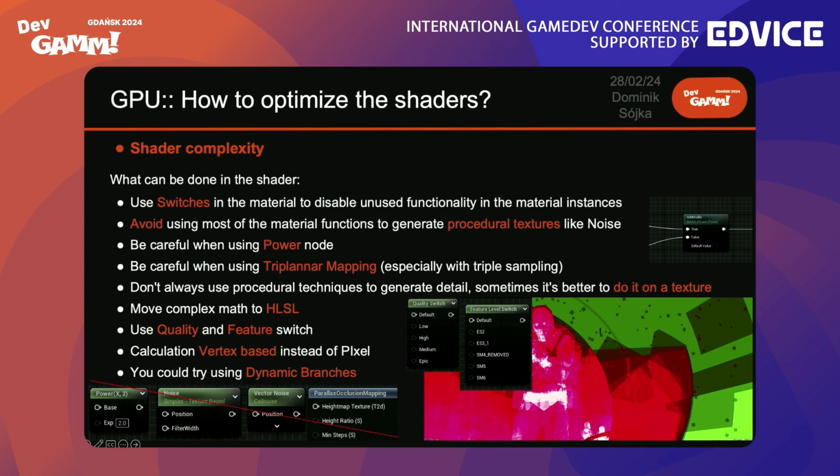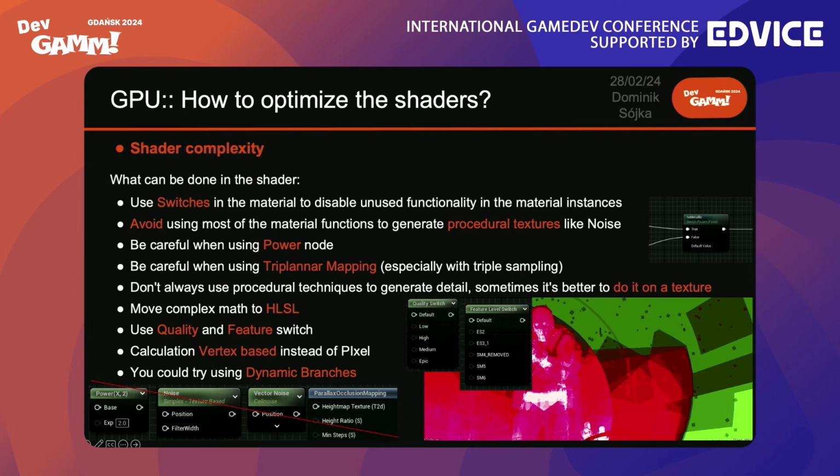My tip is that a power node could be very expensive when you are putting a lot of nodes into the power, so be careful with it, and also with tri-planar mapping. When you are using tri-planar mapping, it's a triple sampling of each texture to make the UV blend between all the axes. So if you don't need blending between axes with tri-planar mapping, use a single sampling.